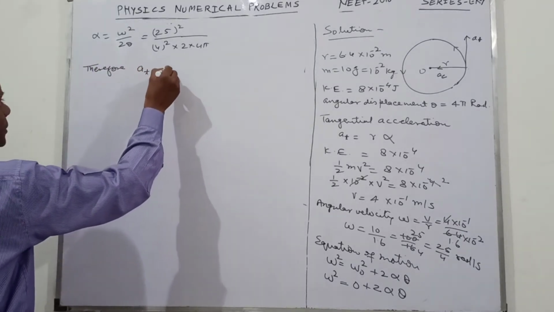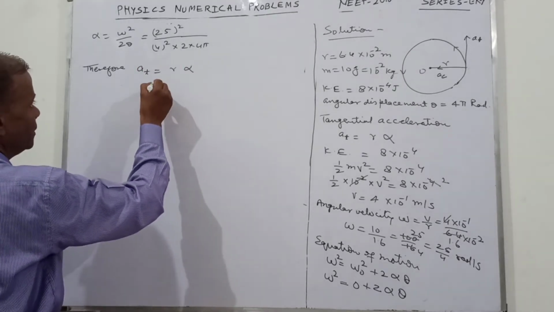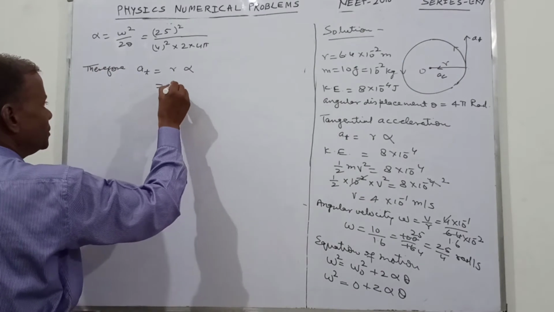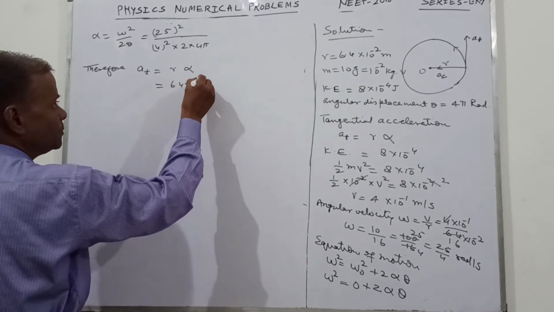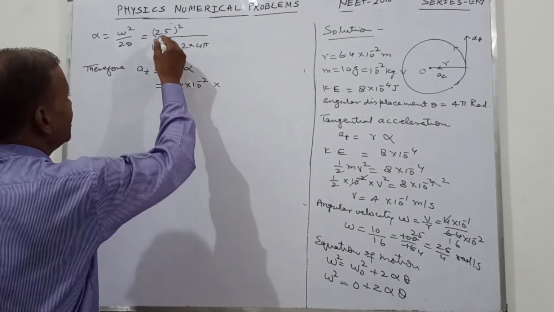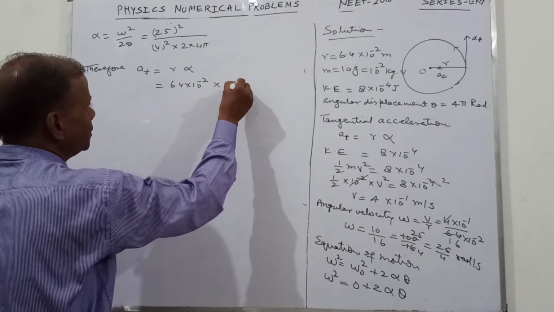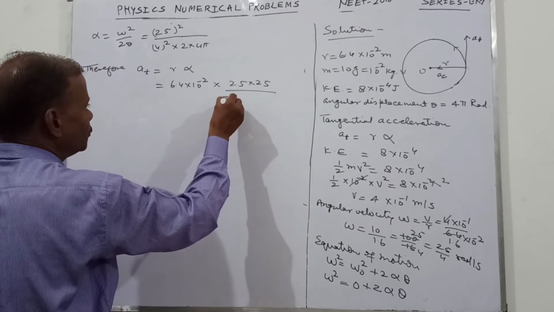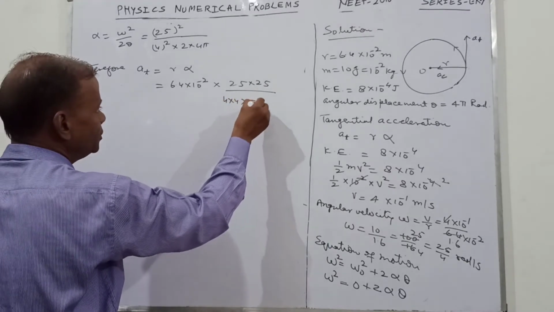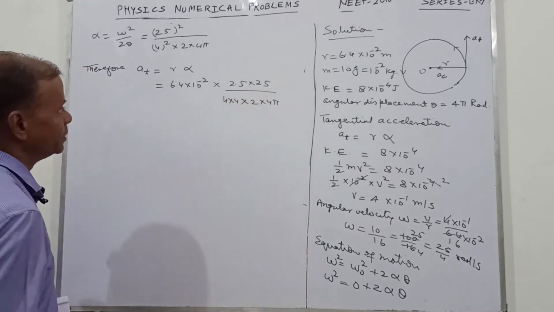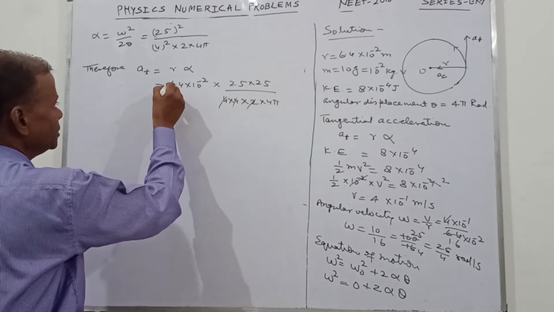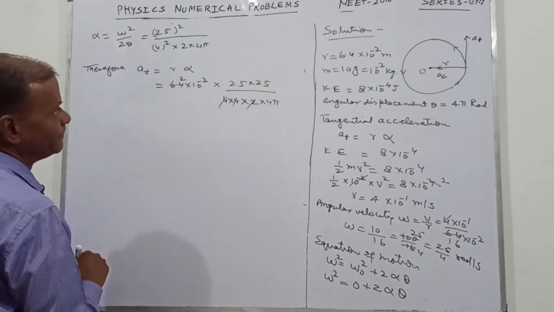AT equal to R into alpha. R is given to be 6.4 into 10 raised to the power minus 2. Alpha is given to be 25 into 25 upon 4 into 4 into 2 into 4 pi. 4 4 16, 16 to 32, so this is now 0.2.